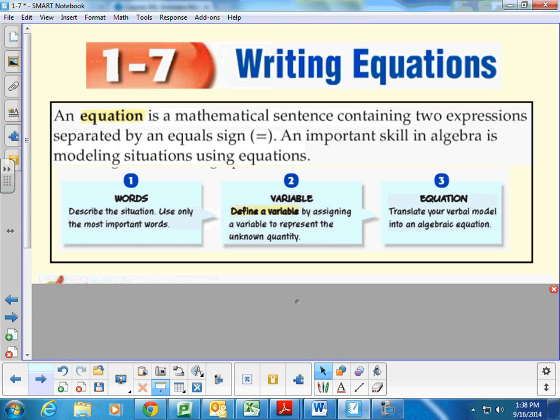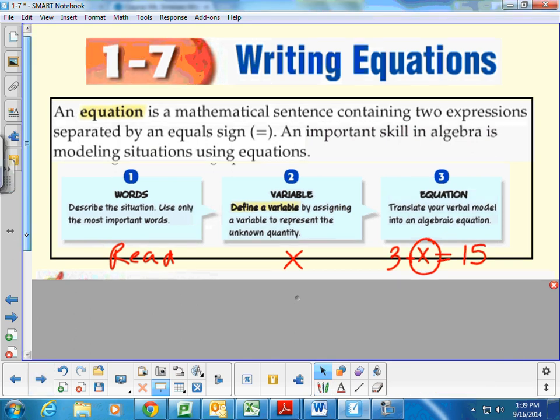Okay, so those are kind of 3 steps. First, you have to pretty much read, decide the letter you're going to use, and then put it into an equation where something happens and you end up with a certain amount, but then you have to find that variable, which will lead into our next lesson, 1.9, solving equations.